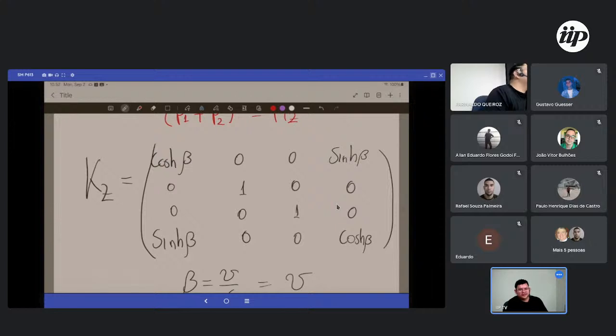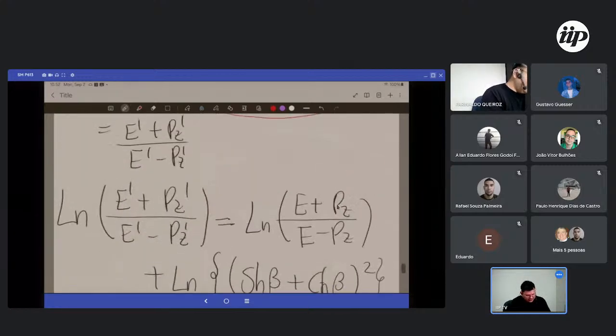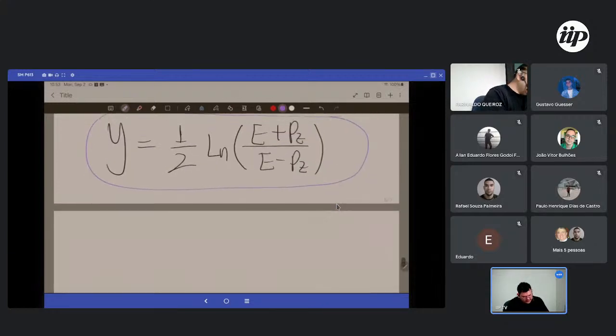Remember, that quantity is not invariant under boost transformation; the difference is.